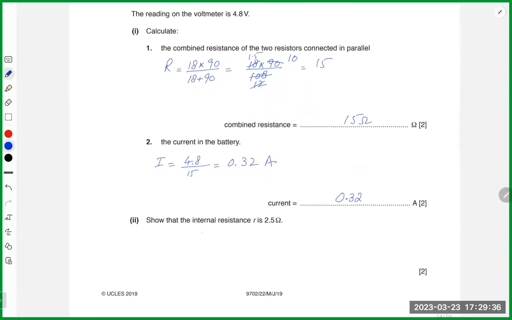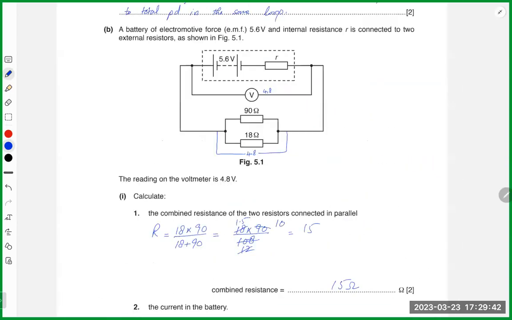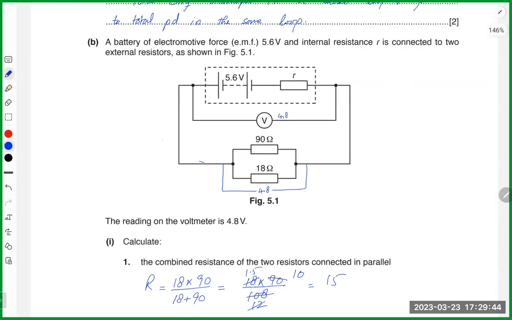Show that the internal resistance is 2.5 ohm. If I know the current going through, because the current coming over here is 0.32, it is 0.32 here as well. So the current that goes through the battery is also 0.32 ampere.